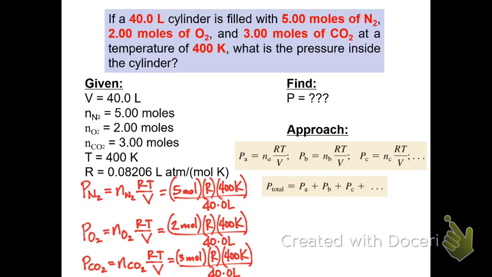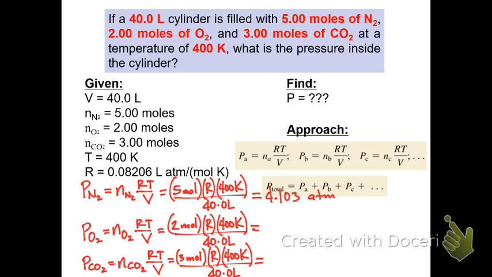Now we can calculate the partial pressure of each of these individual gases. For nitrogen gas, 5 times the ideal gas constant, 0.08206, times 400 divided by 40, and we get 4.103. And this is in atmospheres.